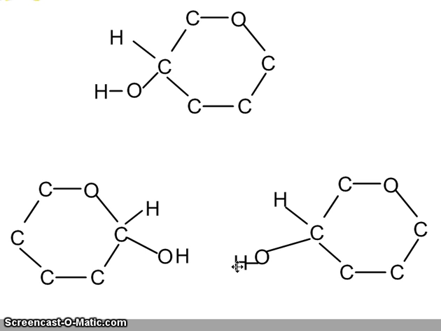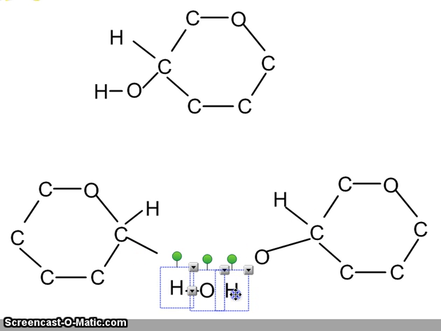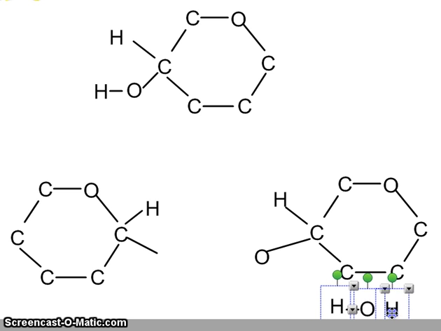Well, we need to take out a hydrogen from one side, take this hydrogen over here. And we take an OH from this side, so take the oxygen and the hydrogen from that side. And of course, let's put that off to the side.